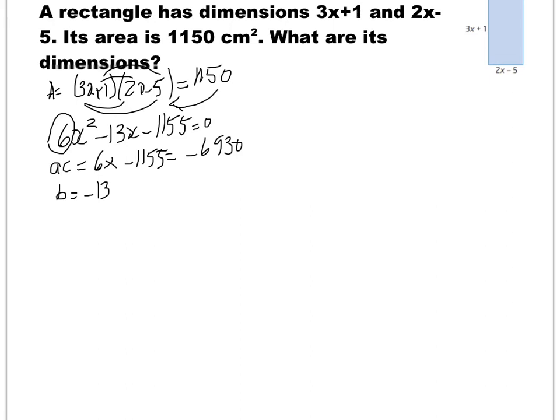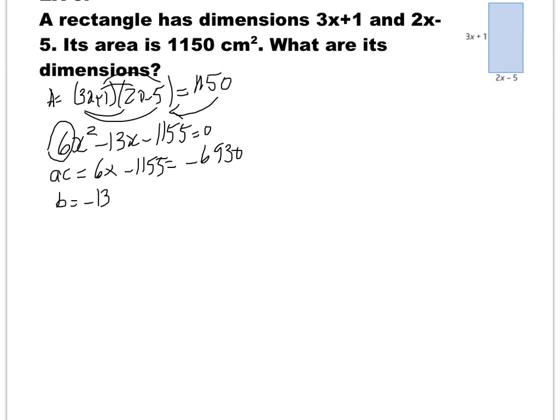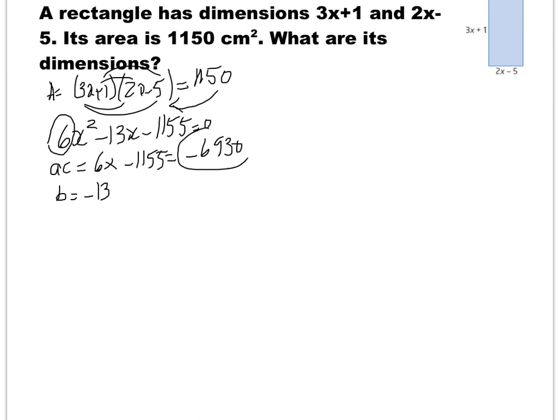The product is negative 6930, and the sum has to be negative 13. Those two numbers are negative 90 and 77. Negative 90 plus 77 is negative 13. Negative 90 times 77 is negative 6930.